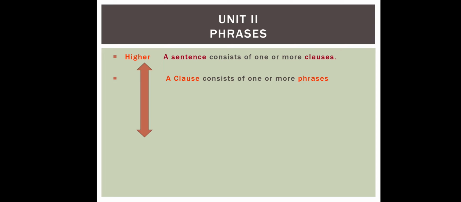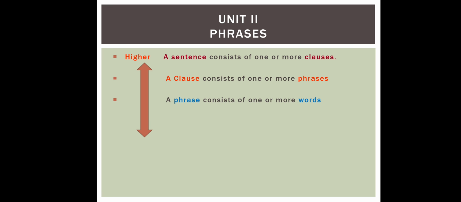Then a clause is made up of phrases, and as you know, a phrase is a lower unit than a clause, and phrases are made up of one or more words. Here I would like to explain that some phrases are made up of only one word.